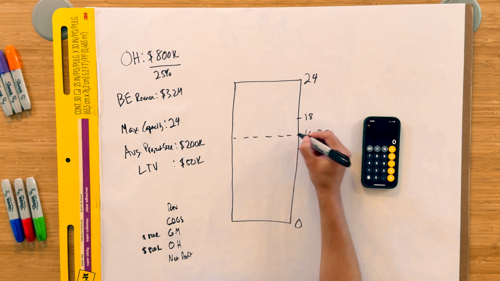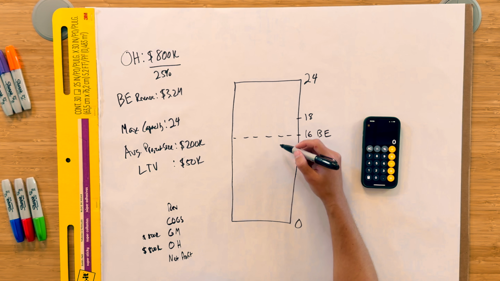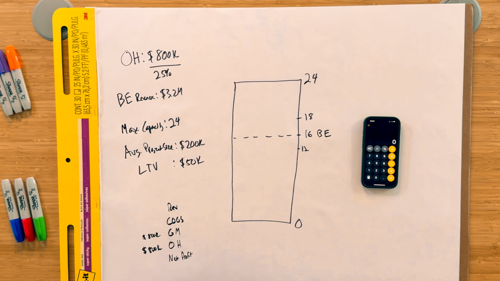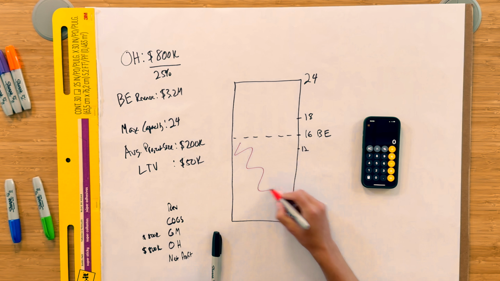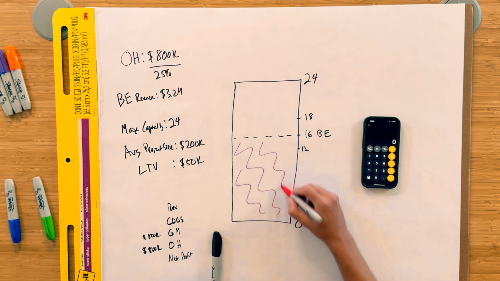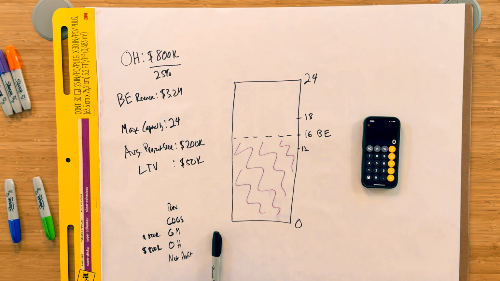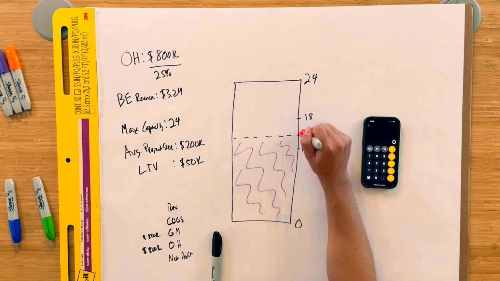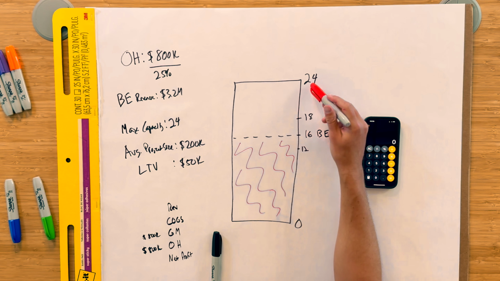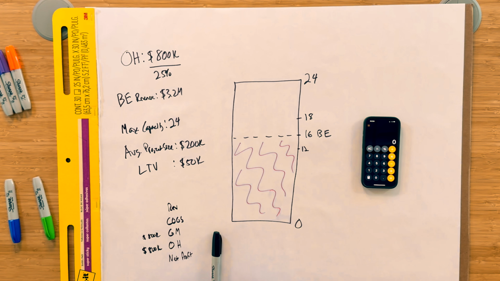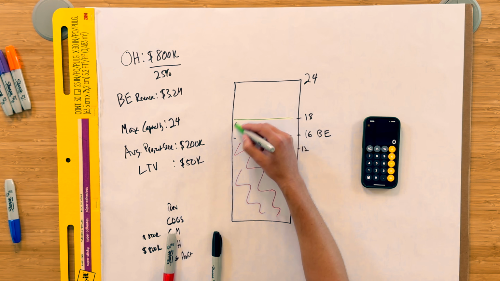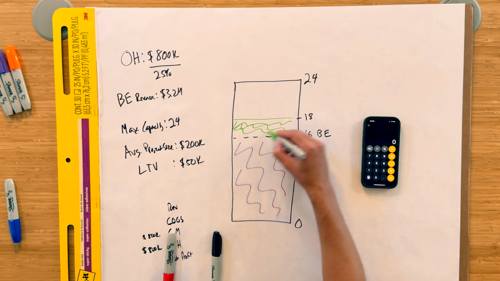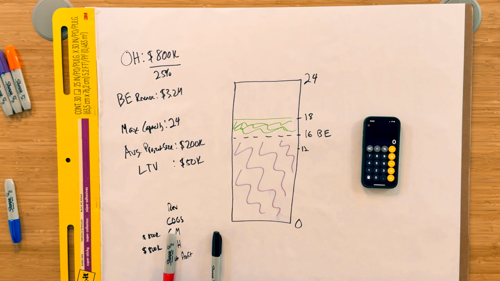Everything up until this point, we are in the red. We are not making money. At 16 projects, we break even and we start to move ahead. This particular company is sitting at 18 projects, so they're making some profit.